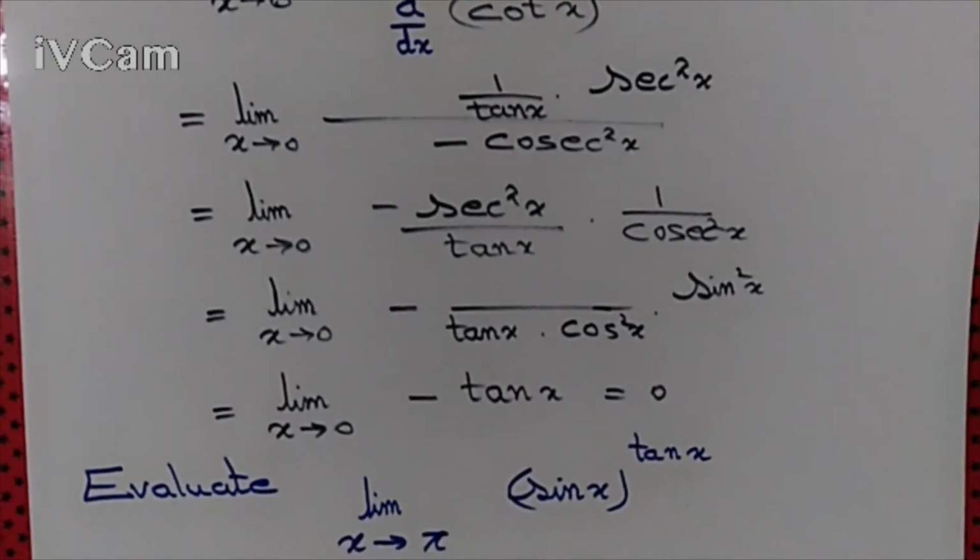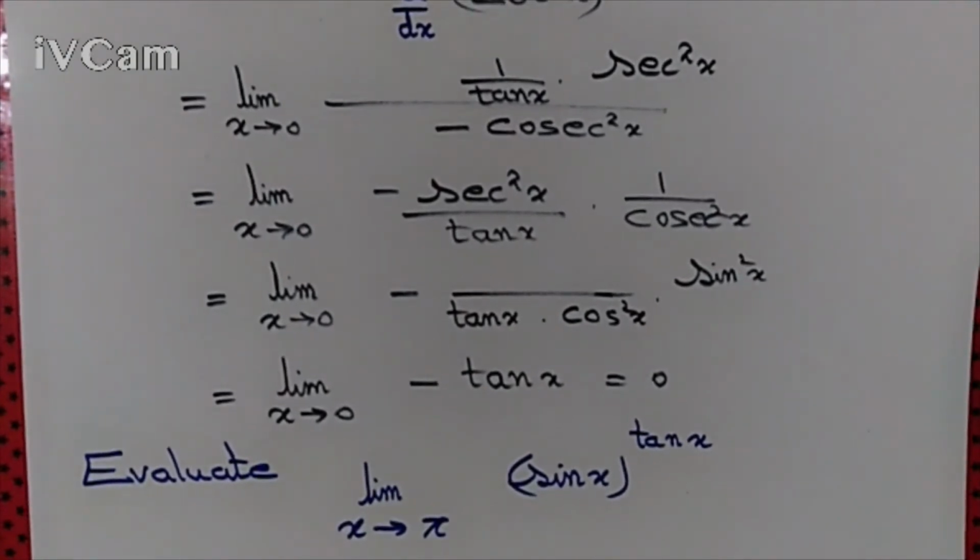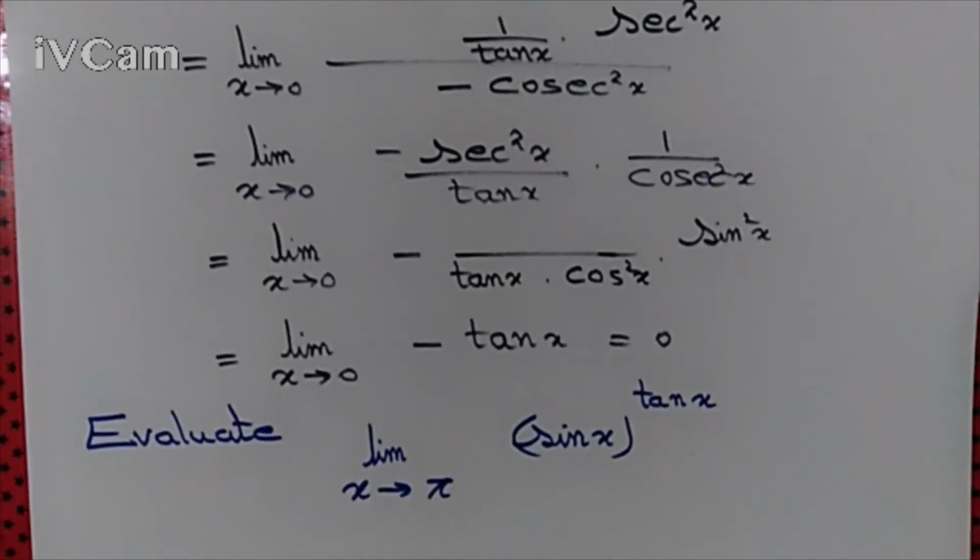Limit x tends to pi sin x to the power 10x. Observe that it is neither of the type 0 by 0 form, nor of the type infinity by infinity form. But probably we can reduce it to that.